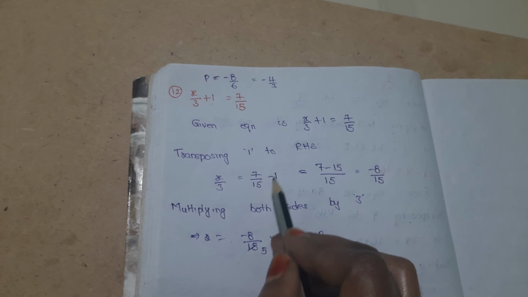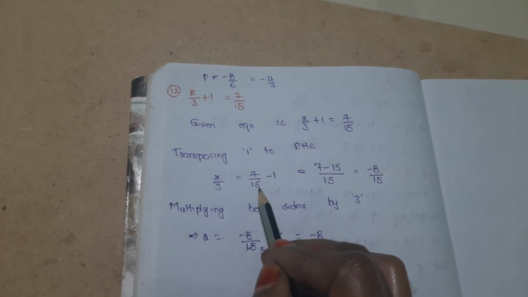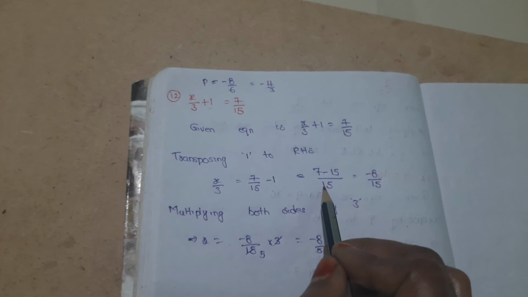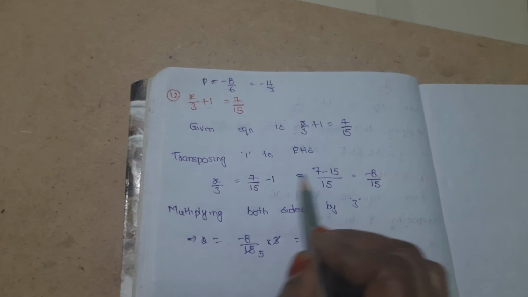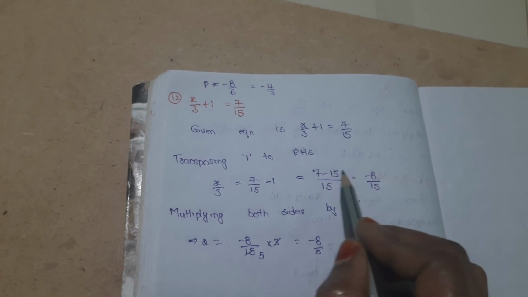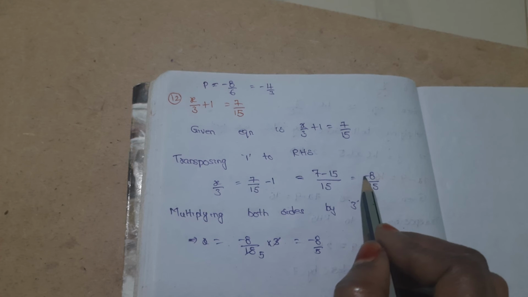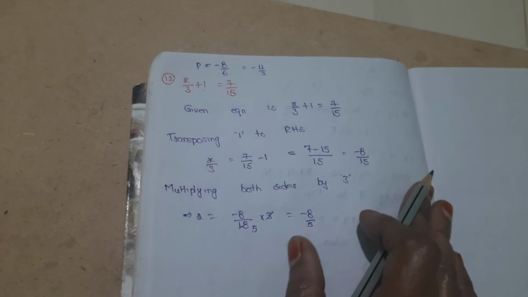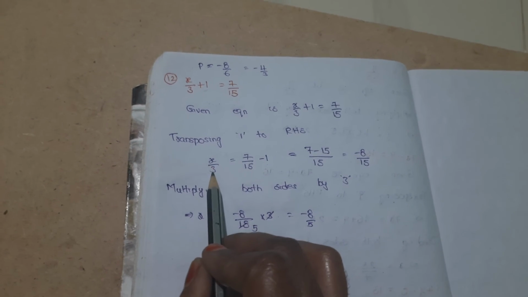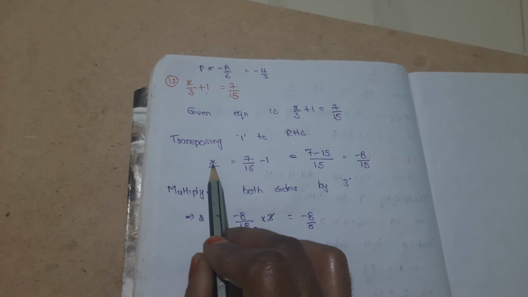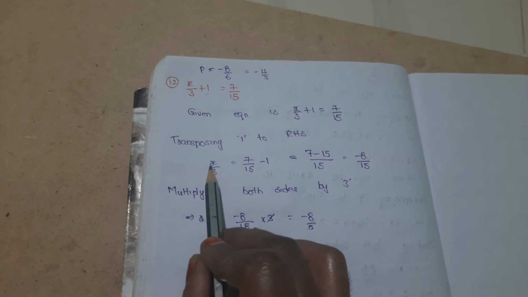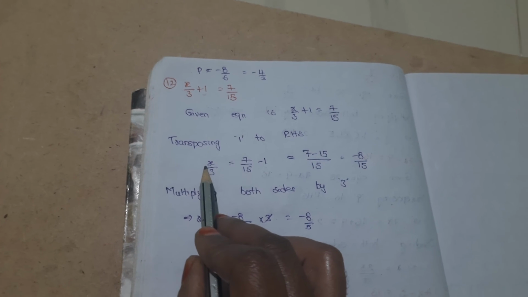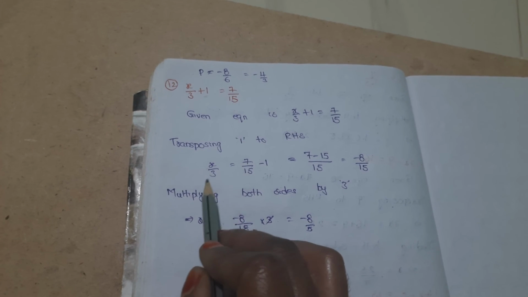7 by 15 minus 1 is nothing but, we should take the LCM. The LCM of 15 and 1 is 15 only. Therefore, the numerator becomes 7 minus 15. 7 minus 15 is minus 8, so we get minus 8 by 15. Next, the variable x is divided by the number 3. When a variable is divided by a number, we multiply both sides by the same number.